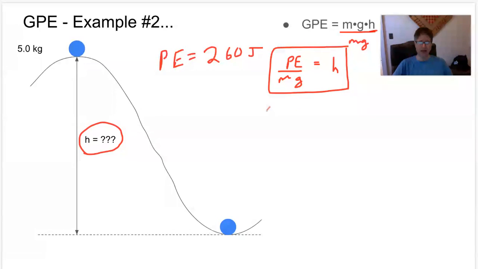So let's go ahead and do this. Let's plug things in. So we got 260. Now, what were my joules? My joules were kilogram, if I do my units out right, I want to show you how this works, meters squared divided by, I'm going to build a big long railroad track here, by second squared.